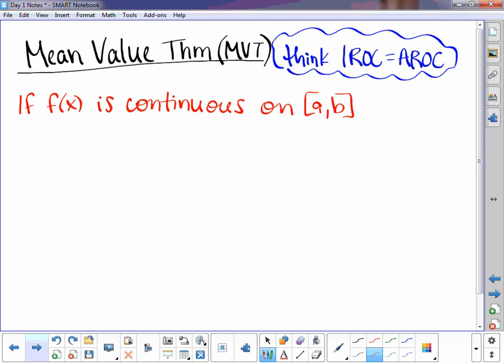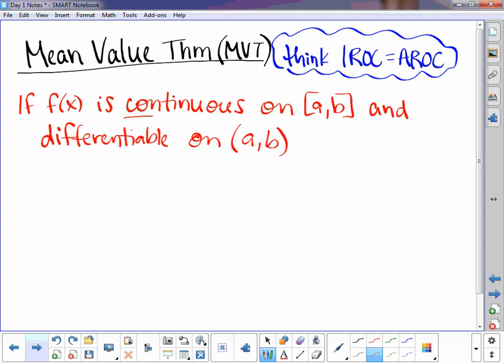So similar to intermediate, it has to be continuous on the closed, but it also has to be differentiable on the open interval a to b. So continuous on the closed, differentiable on the open.